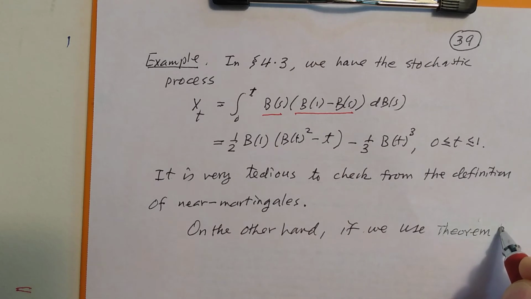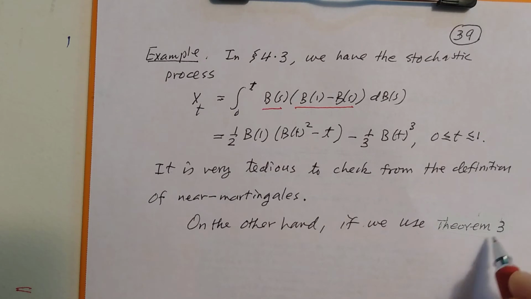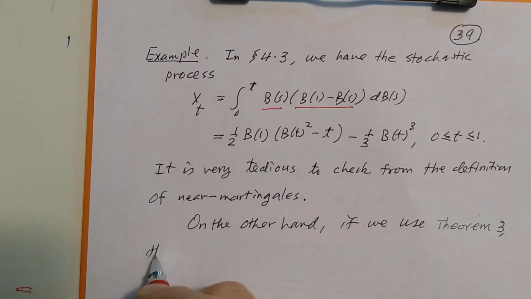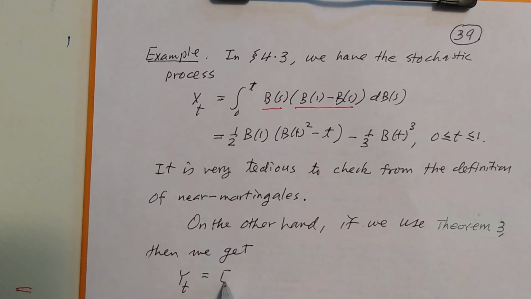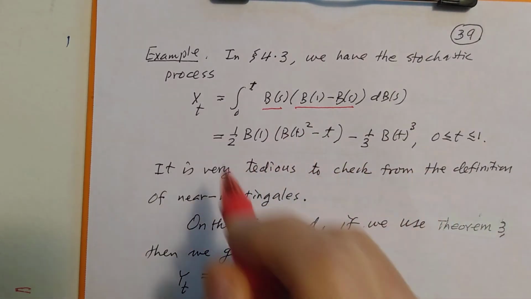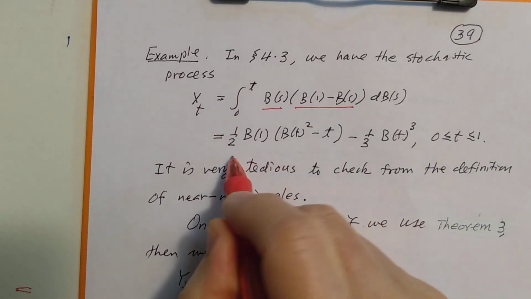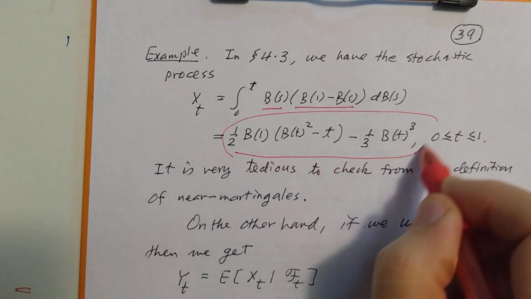If we use theorem 3, then we get Y sub t is the conditional expectation of X sub t given F sub t. So what is this? Here we have, this is X sub t.